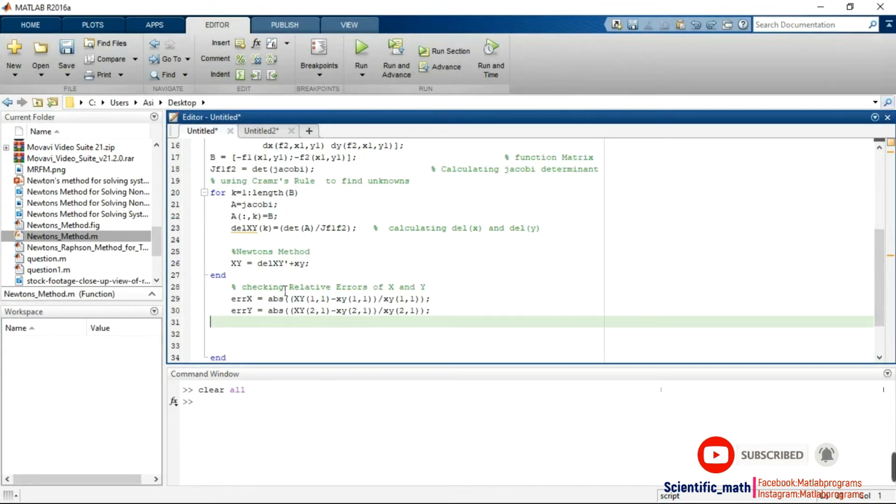Okay, and next we have the checking criteria. We check the relative error of x and y, that is the absolute value of the new estimated solution minus the previous estimated solution.